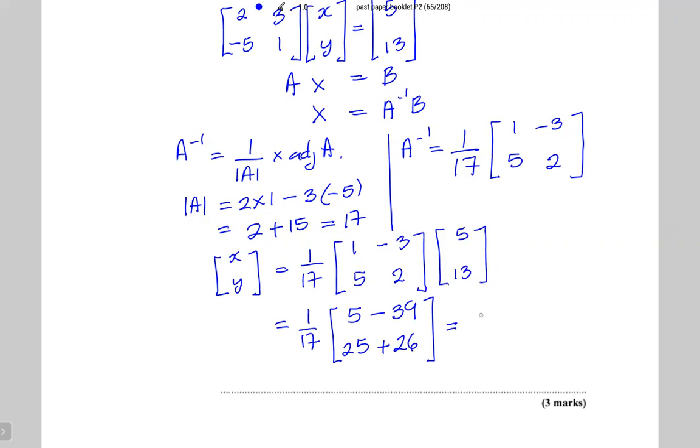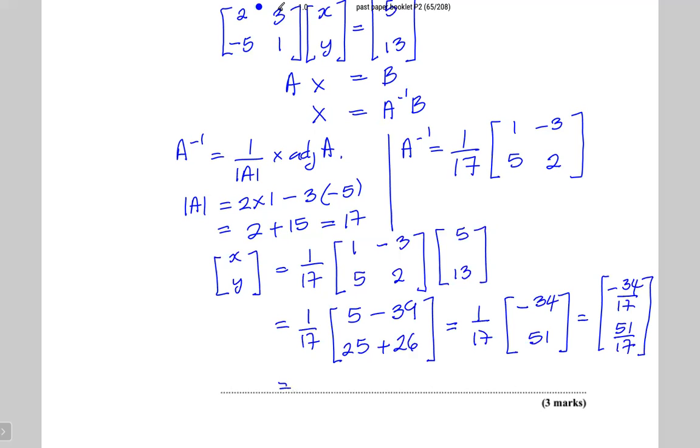So what we end up here with is 1 over 17, and this becomes minus 34 and positive 51. Now multiplying by 1 over 17 is the same as dividing by 17. So this becomes minus 34 divided by 17 and 51 divided by 17.